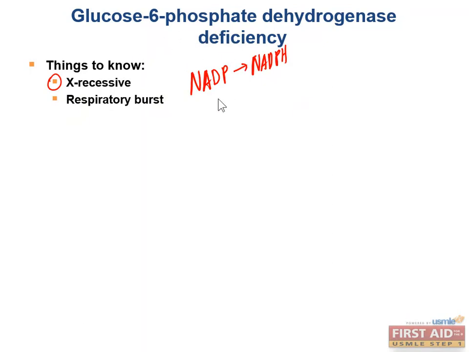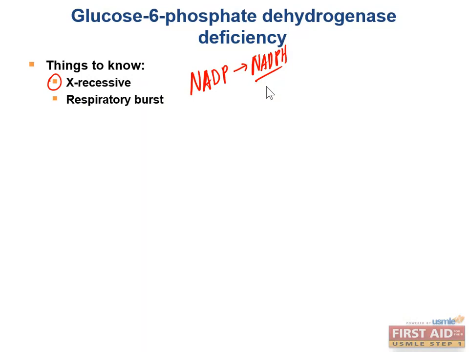Alright, NADPH can then prevent oxidative damage, so it can help reduce an oxidized form of glutathione, which yields a reduced glutathione, and that can go on to neutralize hydrogen peroxide to prevent further damage.